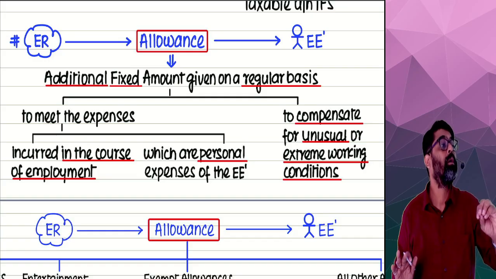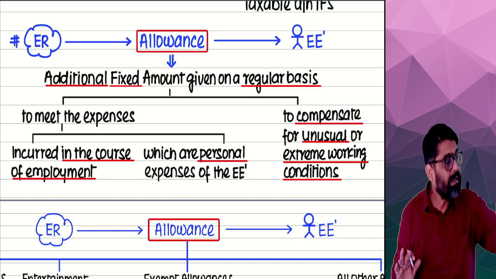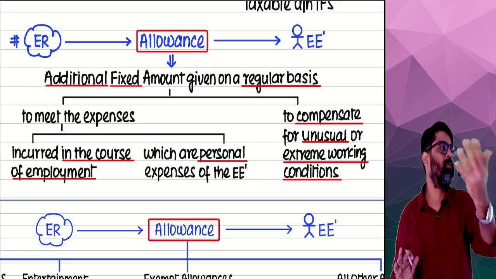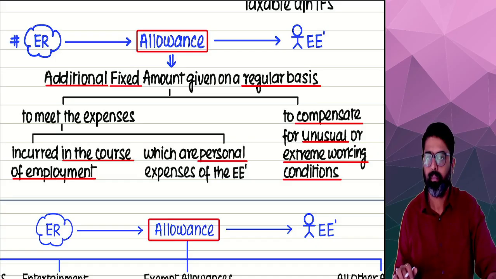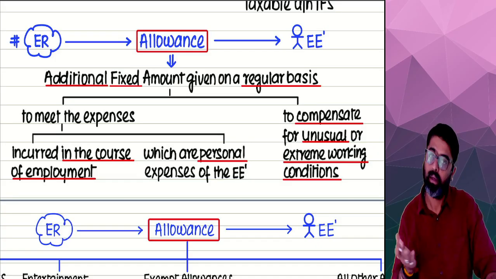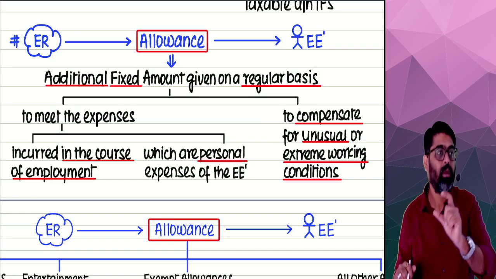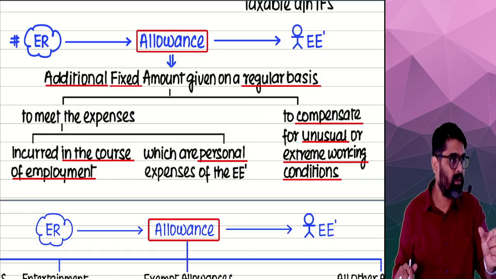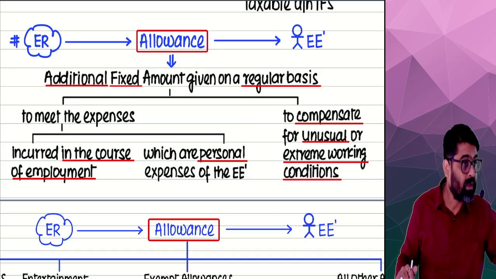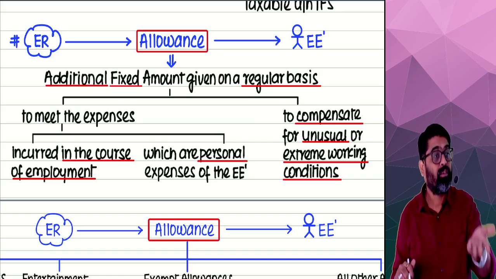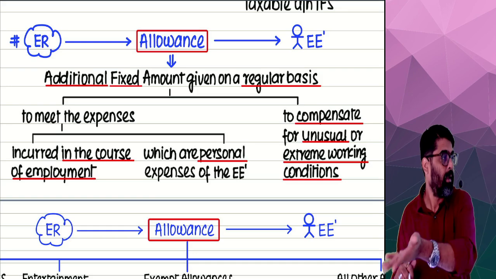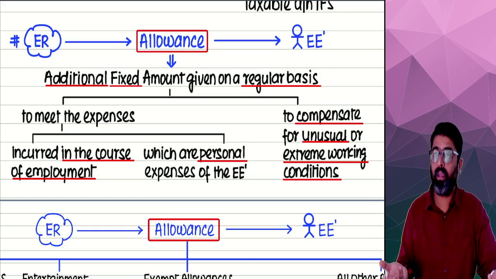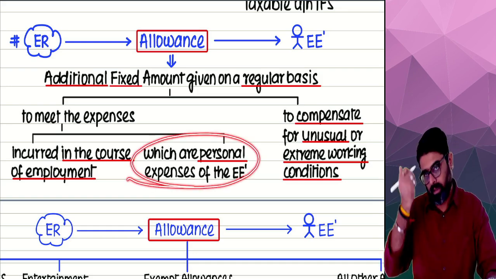Meet the expenses incurred in the course of employment out of this fixed amount. That will be allowance, a fixed amount given on a regular basis in addition to salary to meet the expenses in the course of employment. Or it can also be given to meet your personal expenses.